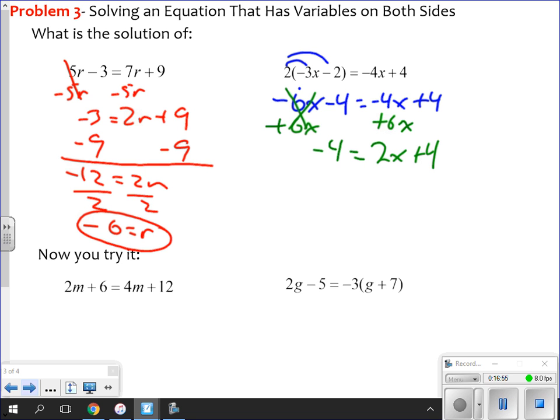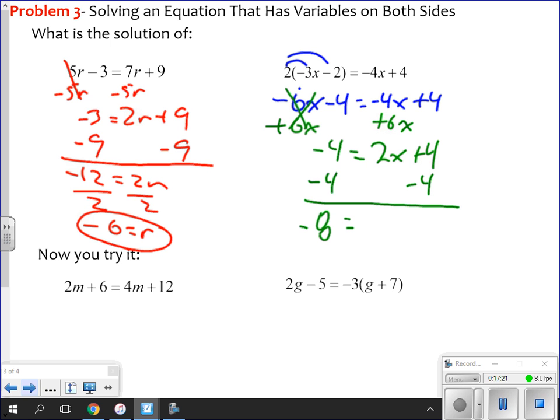Equals 2x plus 4. And now we're solving a simple two-step equation. First step, subtract 4 from both sides. Negative 4 plus negative 4 gives me negative 8. When they're both negative, just add them together.